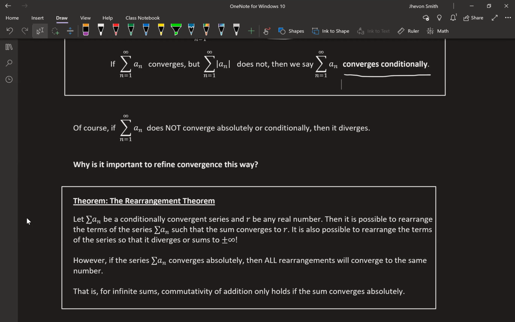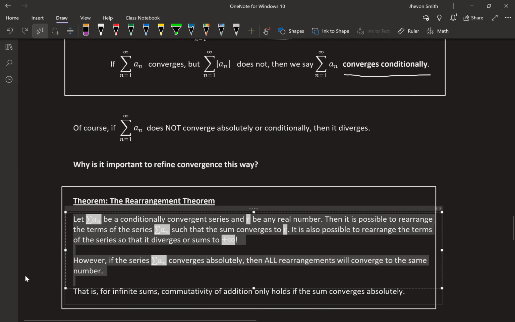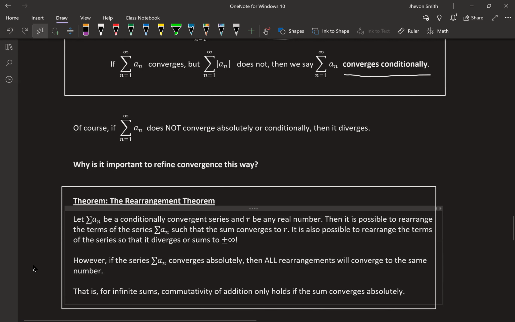Here's the thing though. If your series converges absolutely, that is not possible. If you have an absolutely convergent series, then no matter how you rearrange the terms, you will always get the same answer. In other words, addition is only commutative in the infinite case if you have an absolutely convergent sum. Remember when you're adding numbers 1 plus 2 plus 3? We learned that addition is commutative.